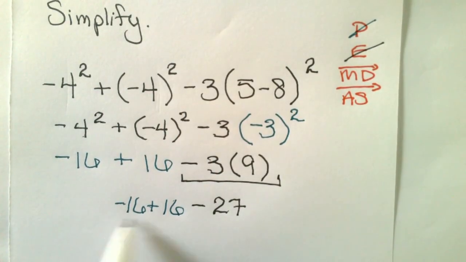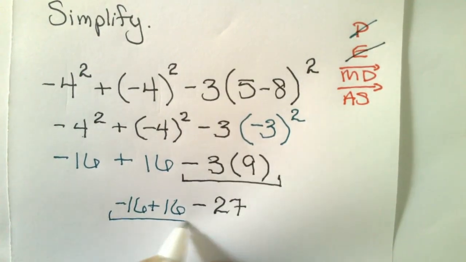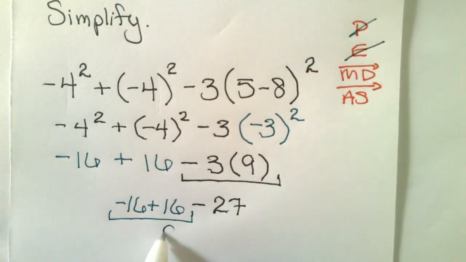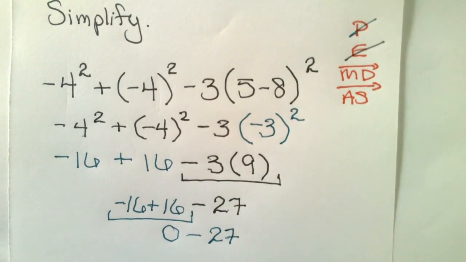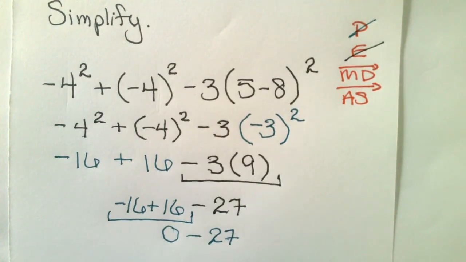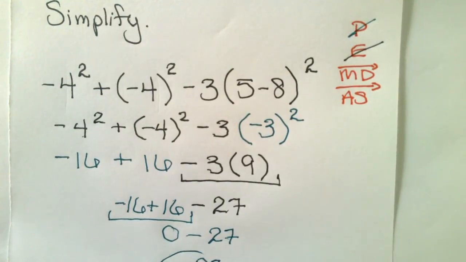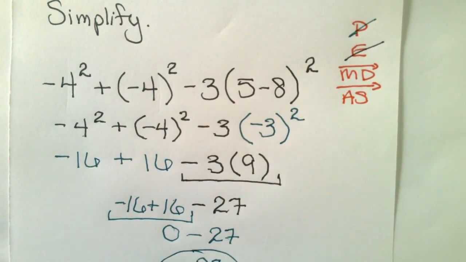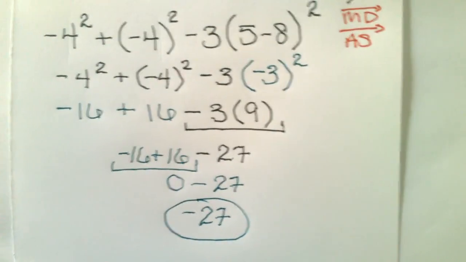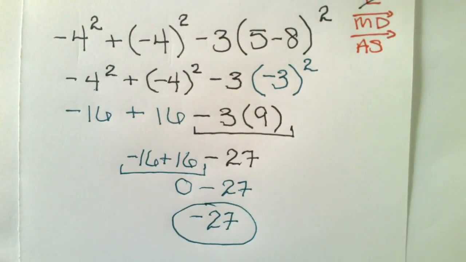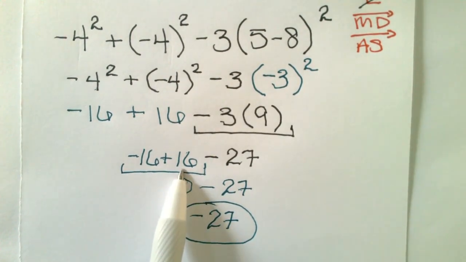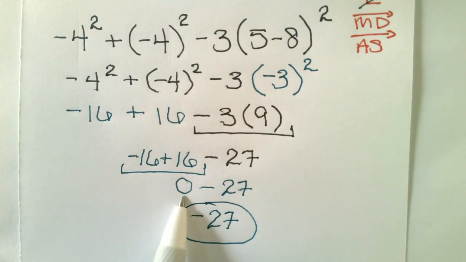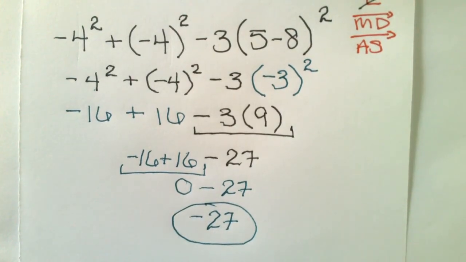So if we're going to go from left to right, that's going to give us our 0 with our negative 27. 0 minus 27 still is a negative 27. So all my people that said negative 27, excellent job. Okay, yep. So negative 16, if you owe me $16 and you paid me $16, guess what? You don't owe me any money. All right?